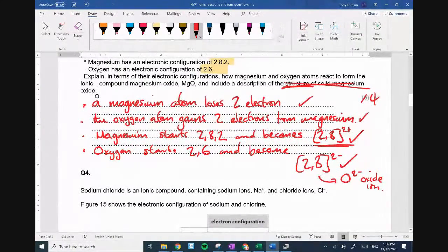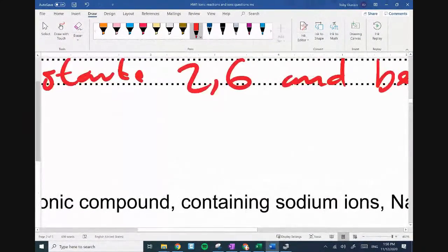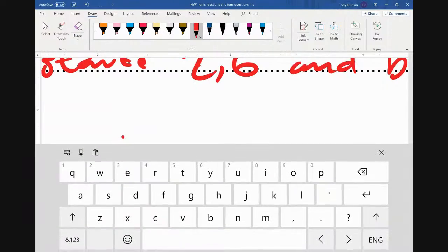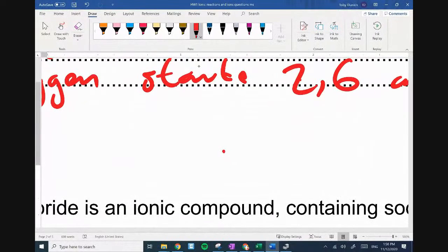If you had done a diagram, we could zoom in and do a miniature version of this. Julius, if you did a diagram, you'd have to show all the electrons, not just the outermost, because you'd have to get the 2,8,2 from it.